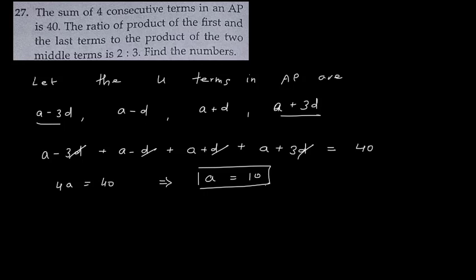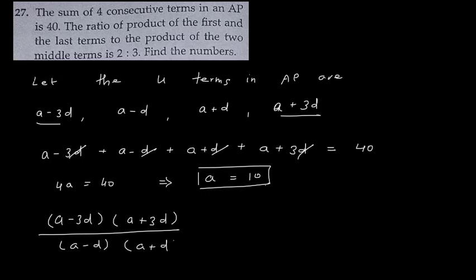Now the ratio of the product of the first and the last term. The product of the first and last term is a minus 3d into a plus 3d, to the product of the middle two terms, that is a minus d and a plus d. This ratio is 2 divided by 3.